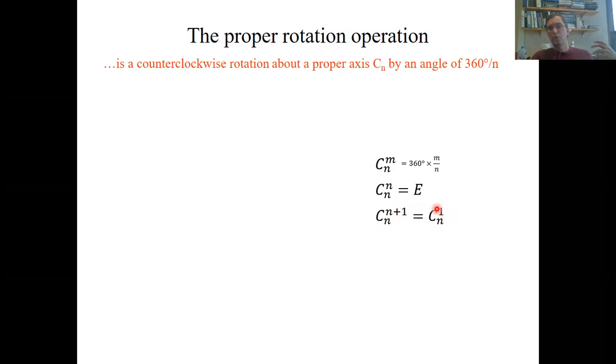If you rotate it 4 times, then that would be the identity, and if you rotate it 5 times, then that would be the same as rotating only 1 time as well, assuming again that we are talking about an axis of order n equal to 2.